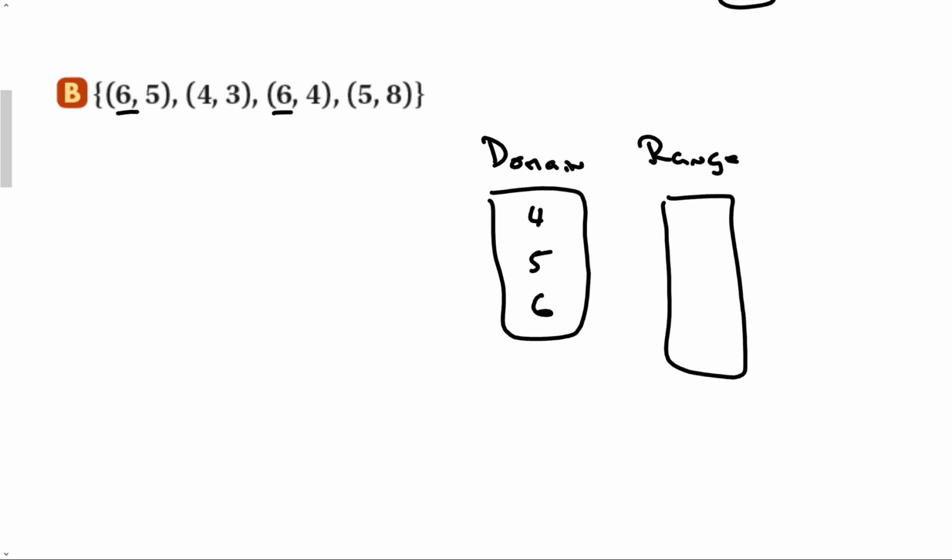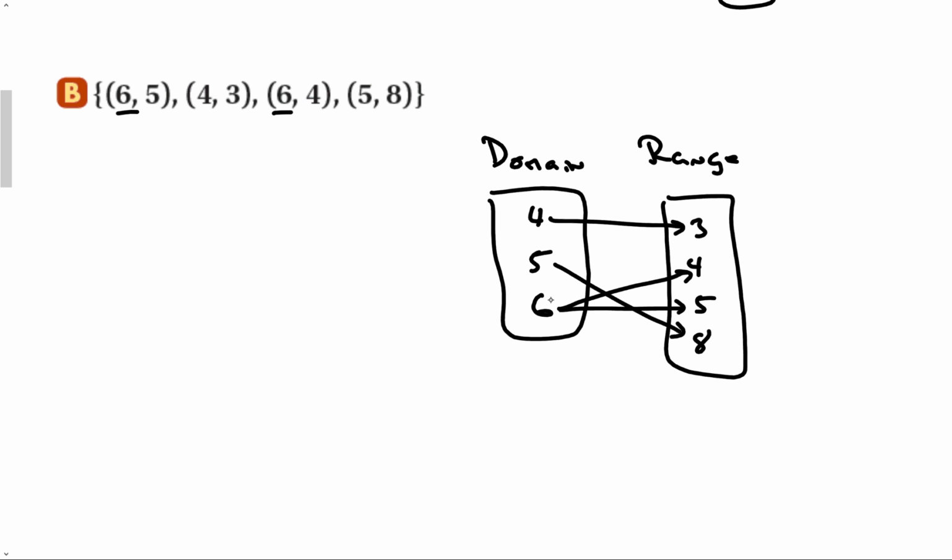And my range is 3, 4, 5, 8. 4 goes to 3. 6 goes to 5. Should have went in order. 6 also goes to 4, and 5 goes to 8.